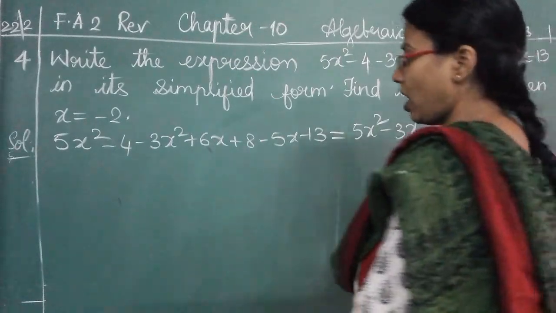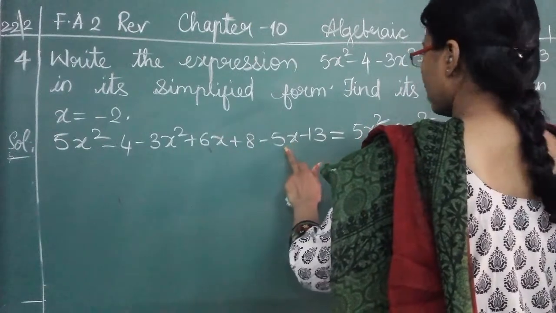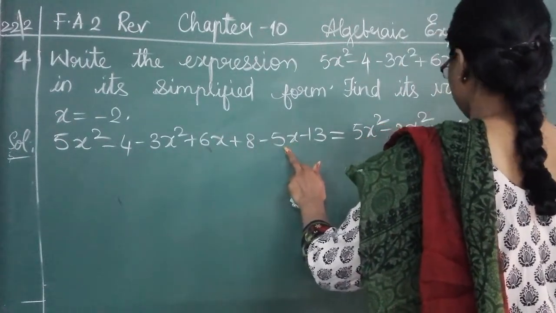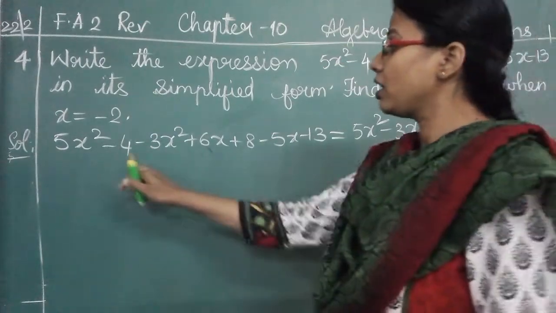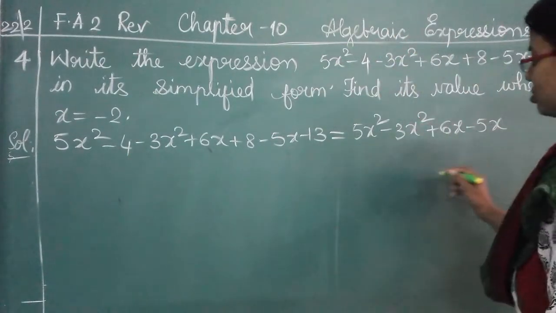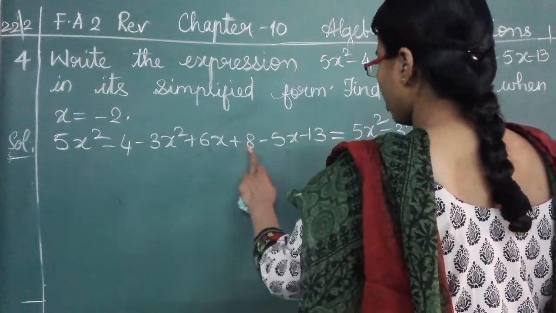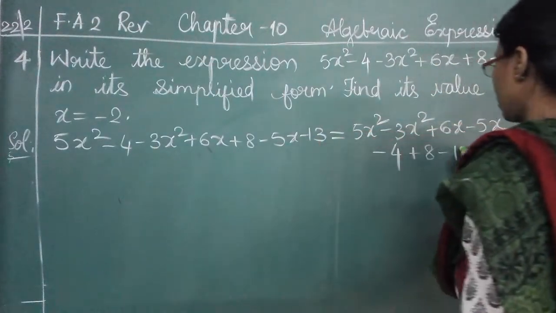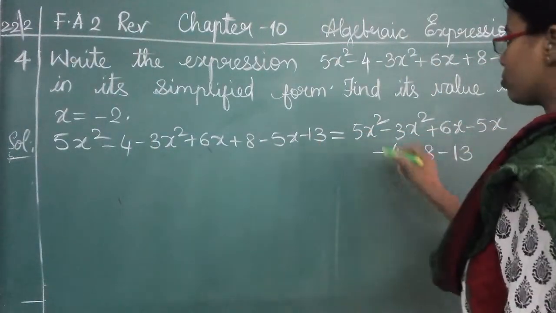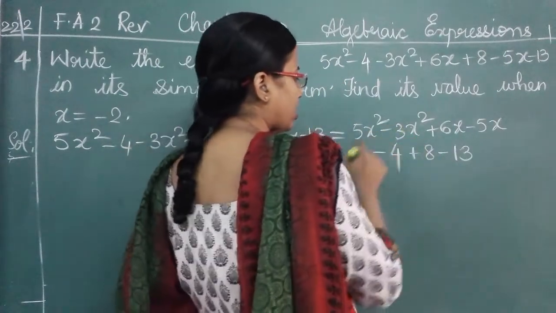Here plus 6x is there, then you have minus 5x. Okay, x terms you have 2 that we have written. Now let us write the constants. Minus 4, plus 8, minus 13. So these two are having the same degree.